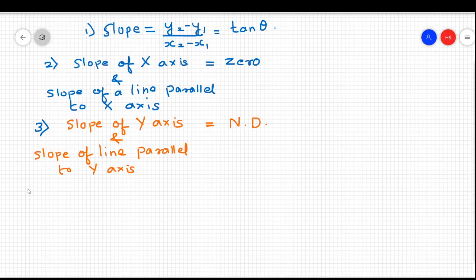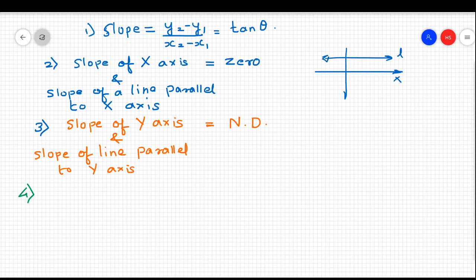Okay, so today let me discuss a new property. What do we mean by slope of x-axis and a line parallel to x-axis? Let me try to draw it. This is the x-axis and this is a line which is parallel to x-axis.